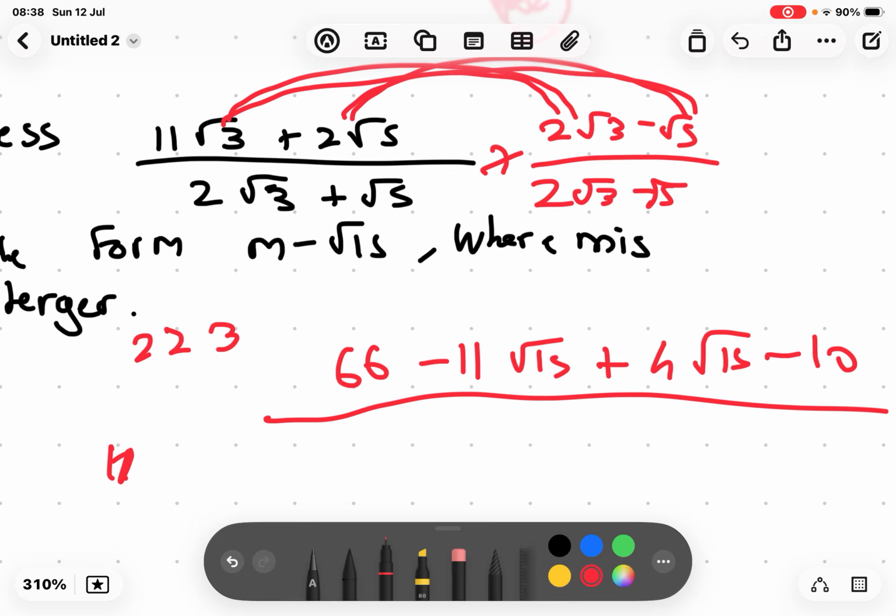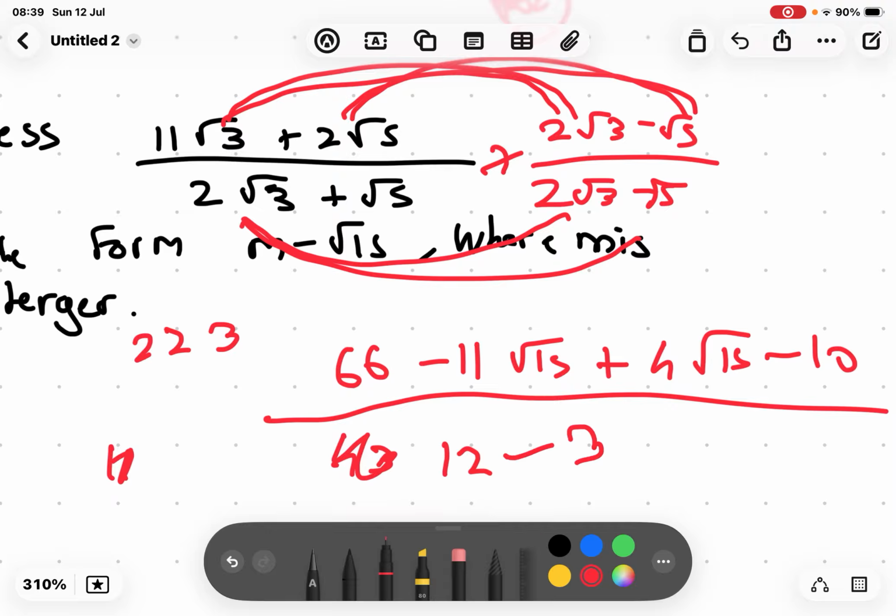After that, this times this, 4, 3, so 12. This times this. What is that? That's 5. Negative 3 root 15, and then over here plus. Oh, why did I put a 3?